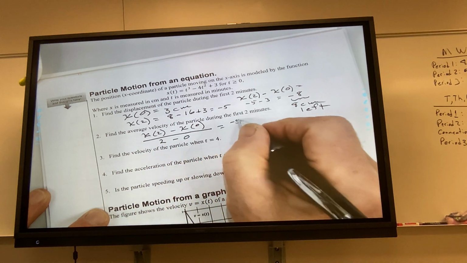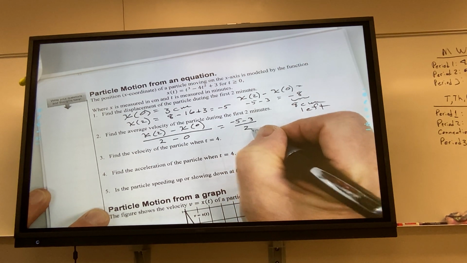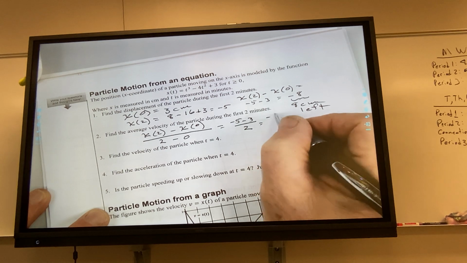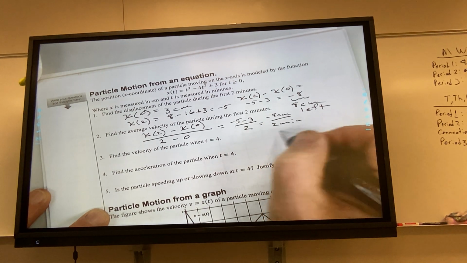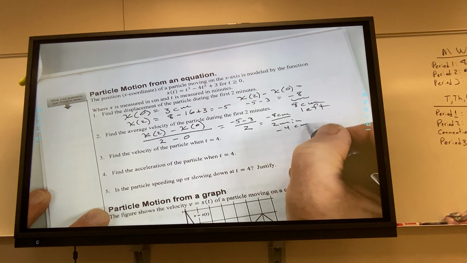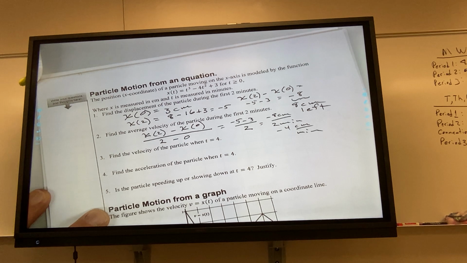Over here, I'll have -5 minus 3 divided by 2. This will give me -8 centimeters over 2 minutes, or -4 centimeters per minute. It means it's going to the left because it's negative. If it's positive, it's going to the right.